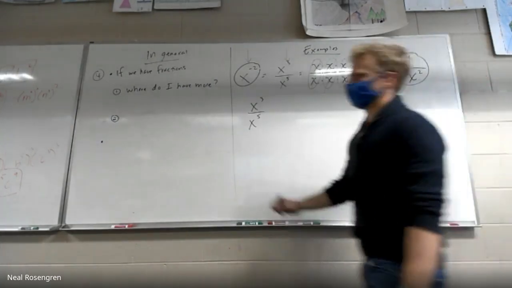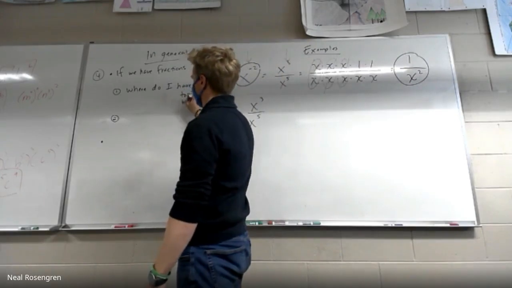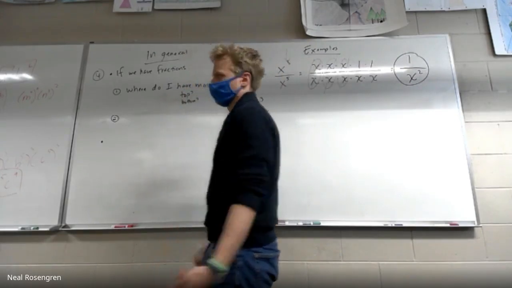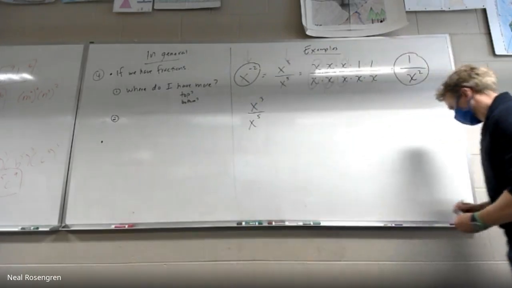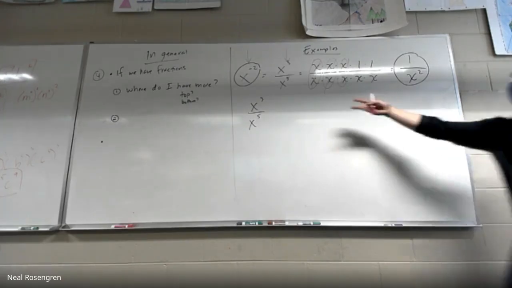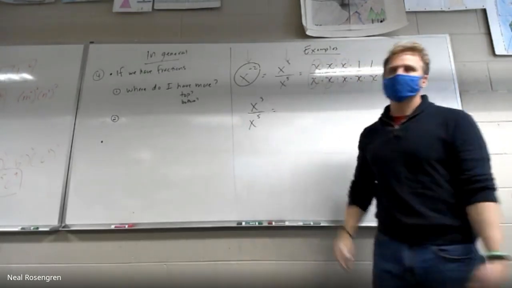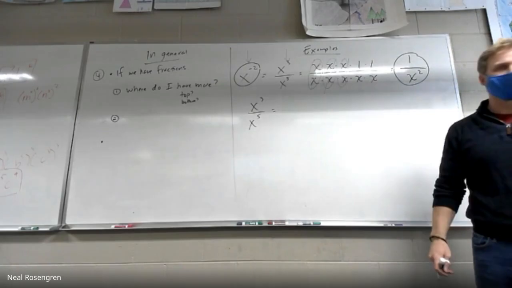And there's really only 2 possibilities. I have more on top, or I have more on the bottom. If you can answer that question, where do I have more? Then we're off to a good start. So take a look. X to the third over x to the fifth. Where do you have more x's? Top or bottom?